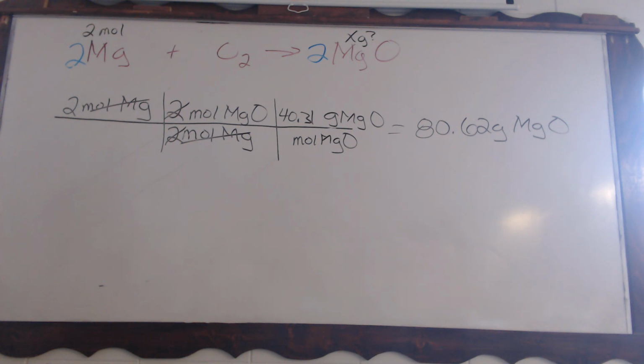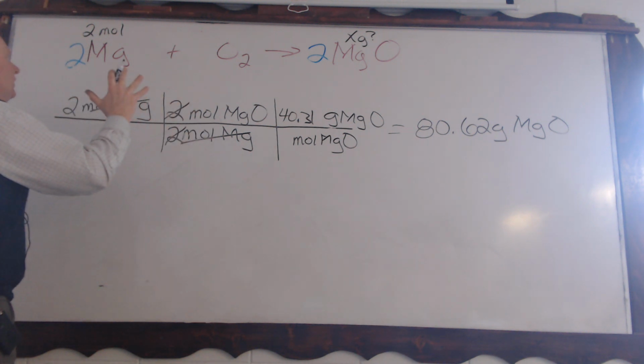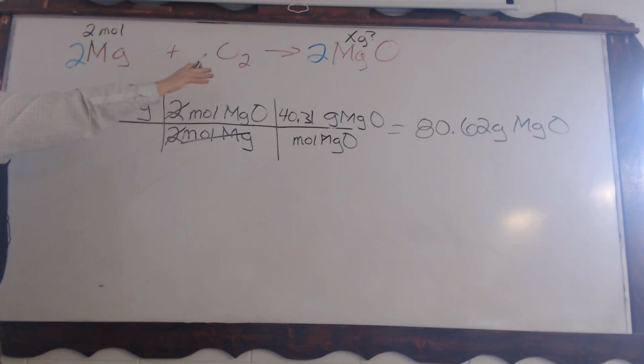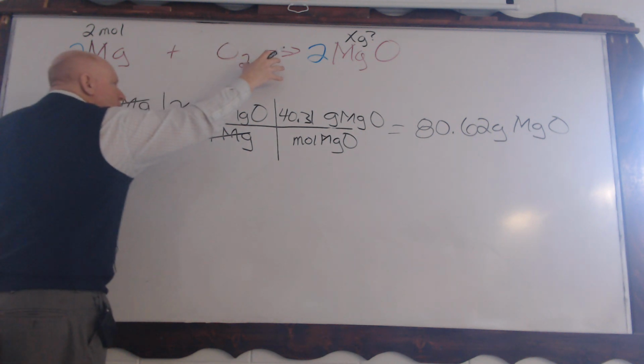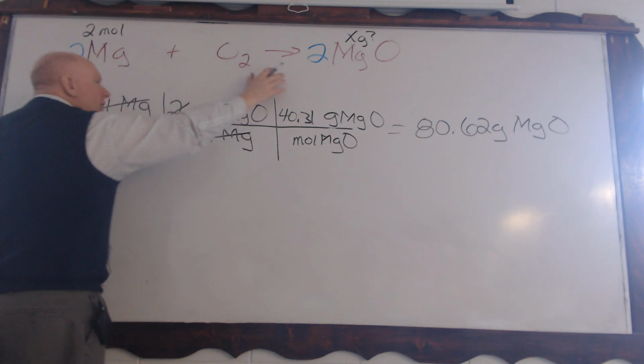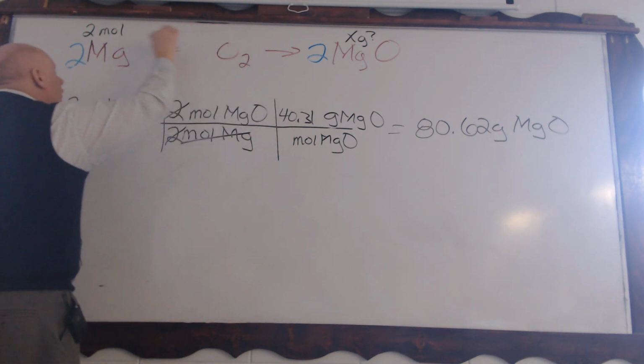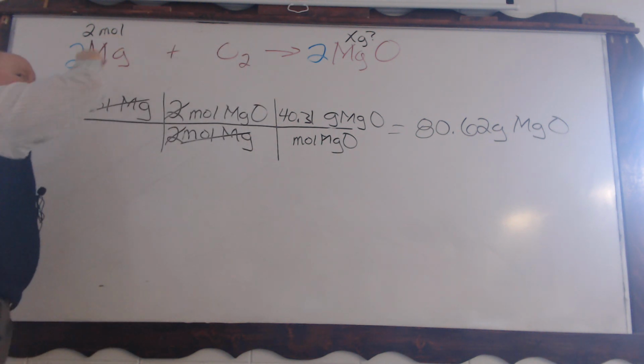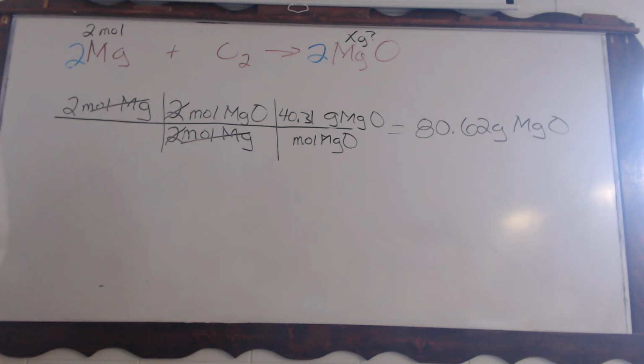Okay, so whenever you're approaching any one of these problems, to me, the best thing that you can do after you have got your equation, and you could say even after you've balanced it, is write what the problem gives you, because it says that you've got 2 moles of magnesium.